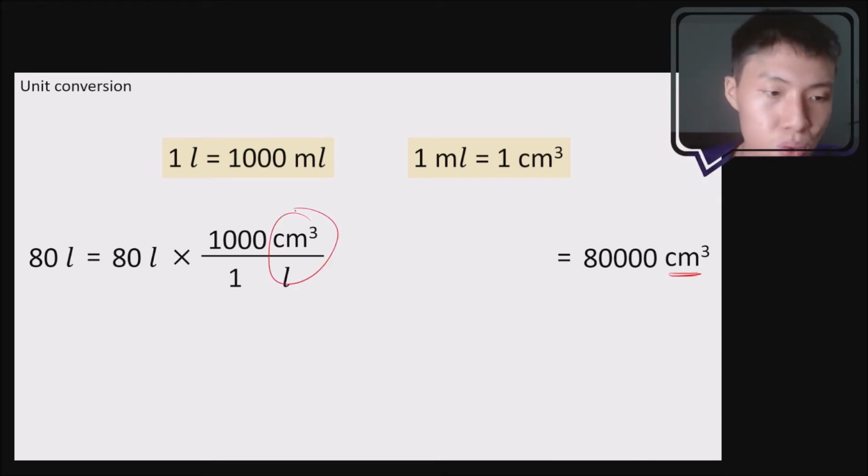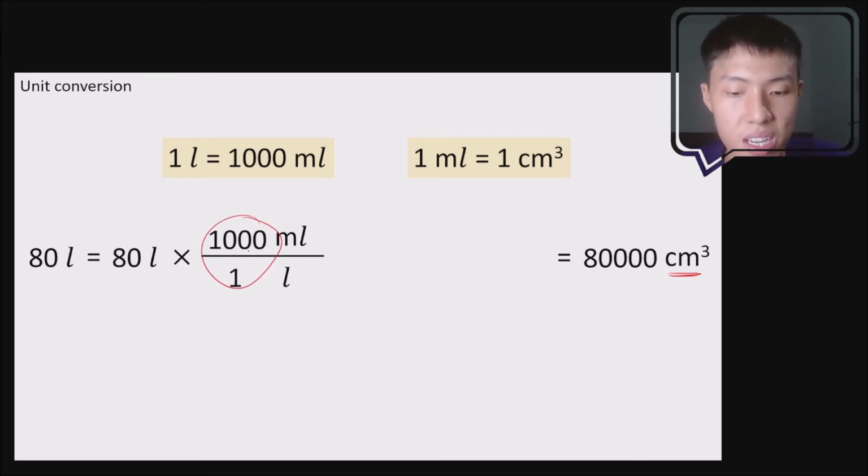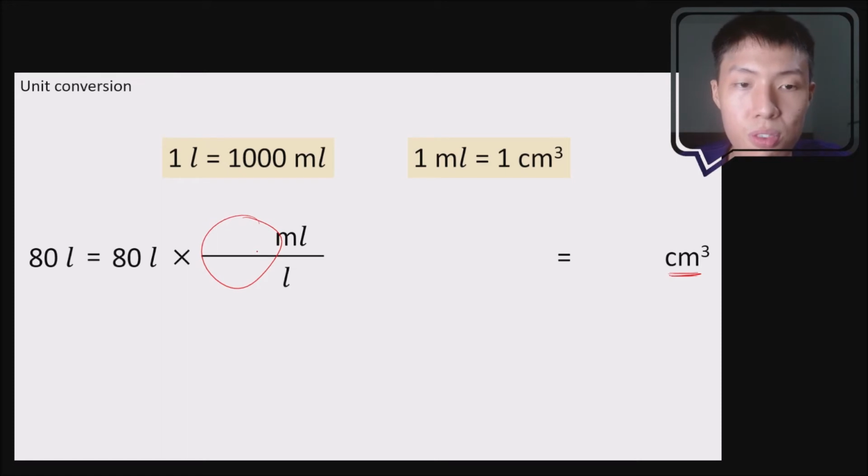So how we should change this is we can change cm cube to milliliter. If we change cm cube to milliliter, now all these numbers that we put here are incorrect already, right? So we need to remove all the numbers and do the calculation following the steps just now.